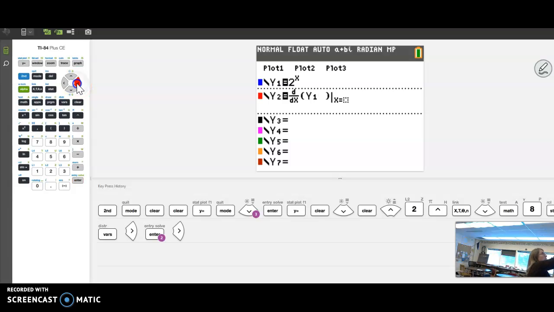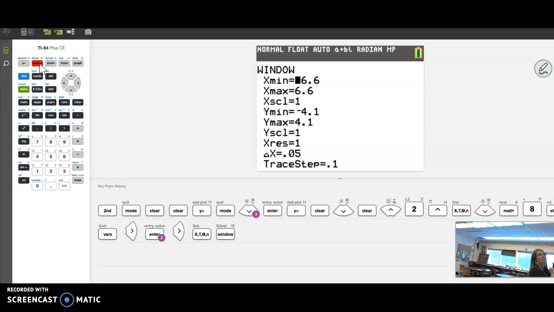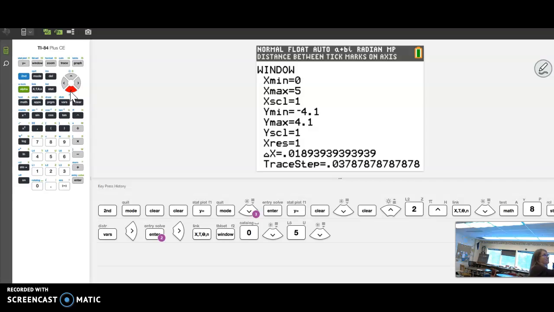It does this over and over, so you'll see that this is going to graph kind of slowly. And we want to estimate the slope using a numerical derivative at x equals 3. So I'm going to set my window, and I could go from 0 to maybe 5.